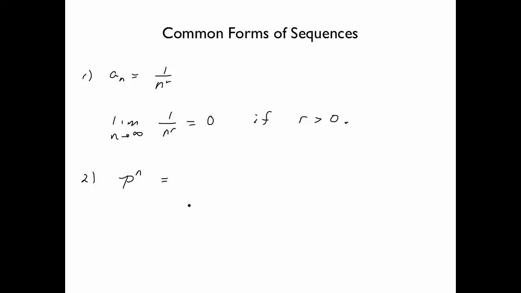When would this have a chance of converging? What kind of exponents would make this get really large versus maybe have a chance of converging? So what are examples of this? 3 to the n.